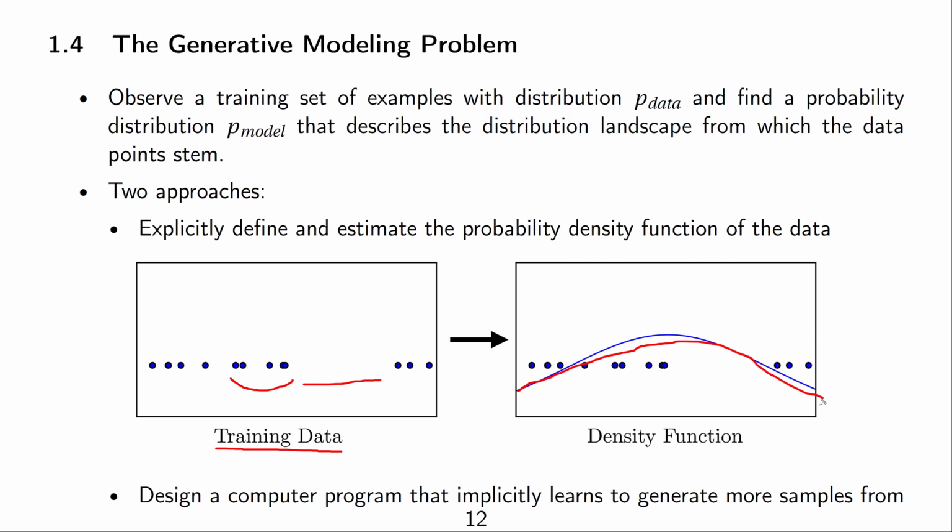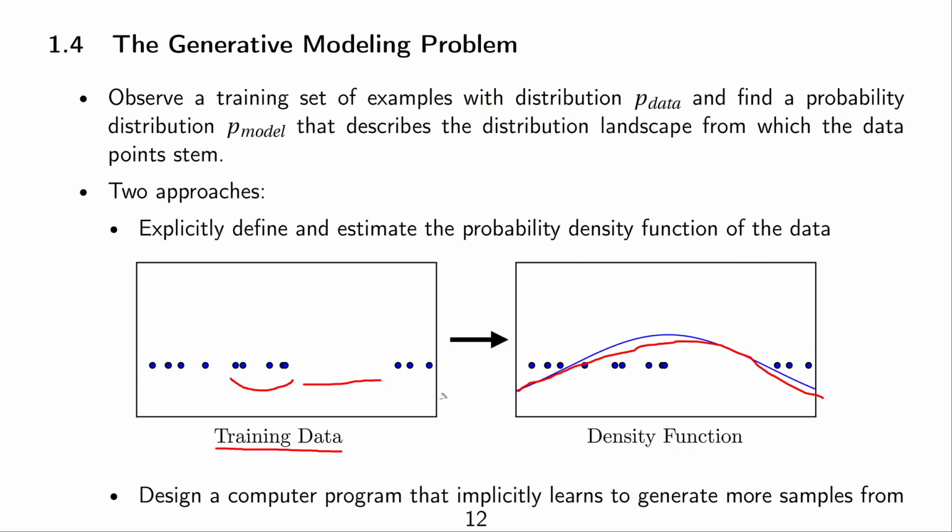But generative adversarial networks will not explicitly fit such a density function. What generative adversarial networks will try to do is just use the samples as input and then generate more samples that are similar to the training samples, but there will be no density function that is being constructed.